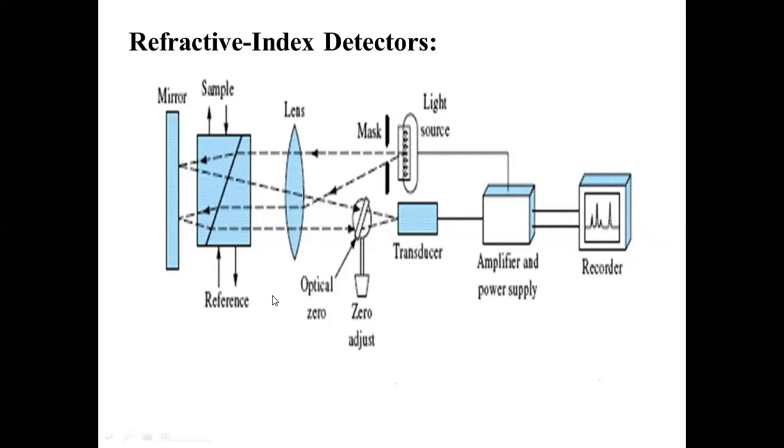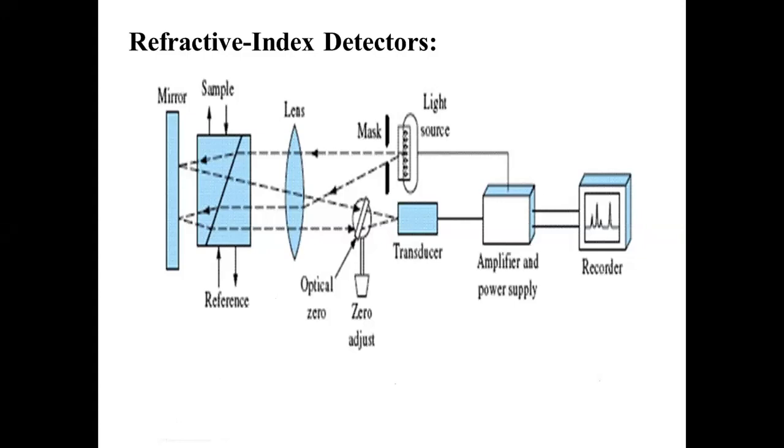The extent of bending of the light radiation is due to the refractive index, because if only pure mobile phase is present, its refractive index will be different from that of the mobile phase in the presence of the solute, because the solute property is going to vary the refractive index of the mobile phase.